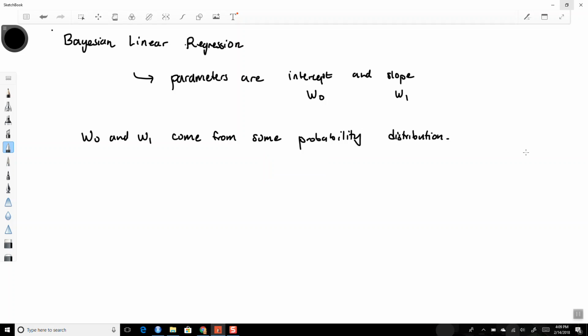And if we think about the intercept and the slope, are these two things independent, or is there some kind of relationship between them? There's some kind of relationship, right?